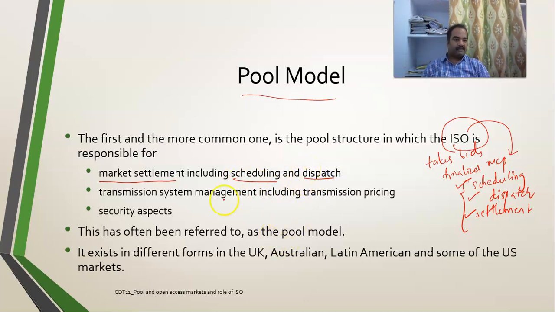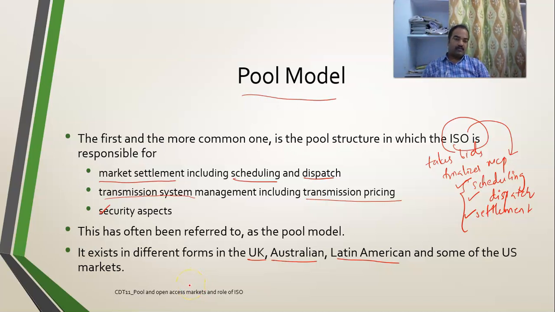Apart from this, he looks over the transmission system and finalizes the transmission pricing, and any security aspects are also taken care of by the independent system operator only. It exists in most of the markets: UK, Australian, Latin American and some of the US markets. These follow this pool model.